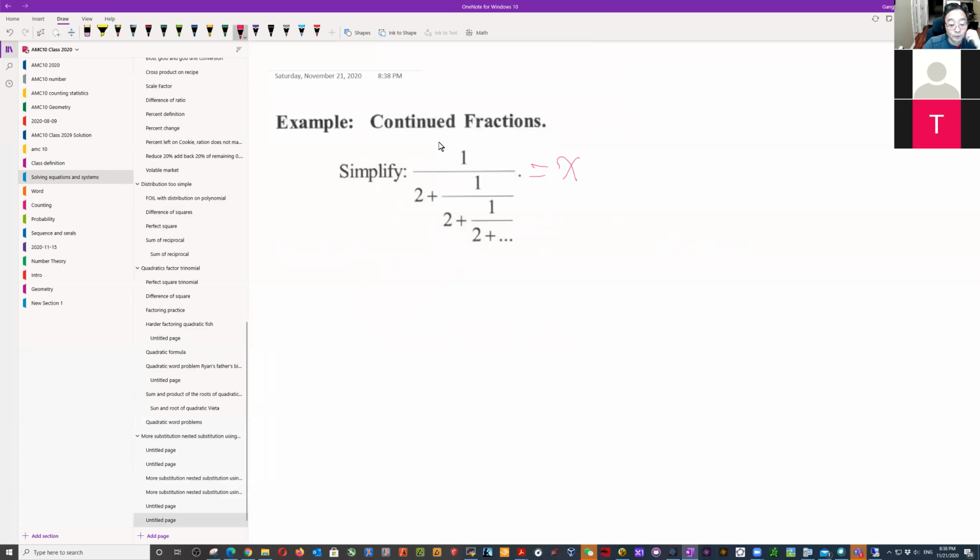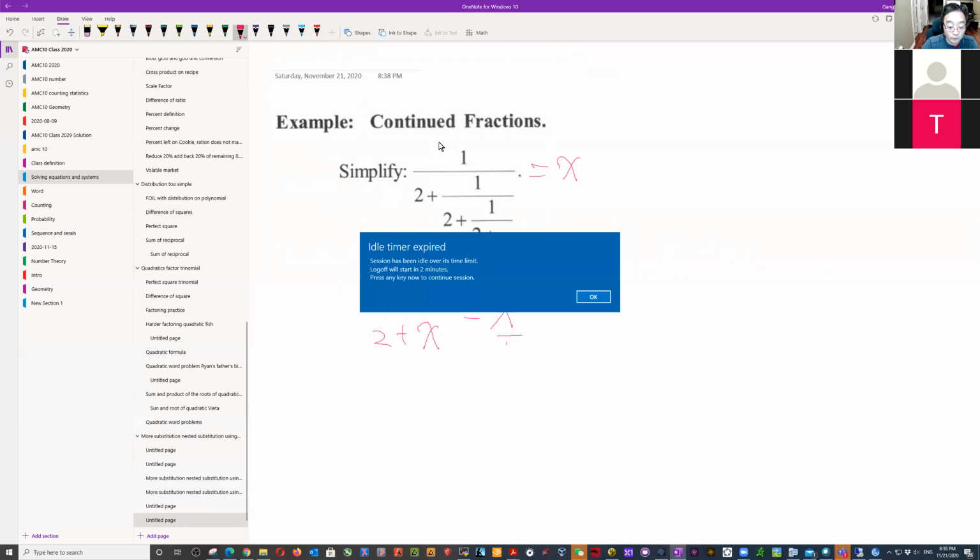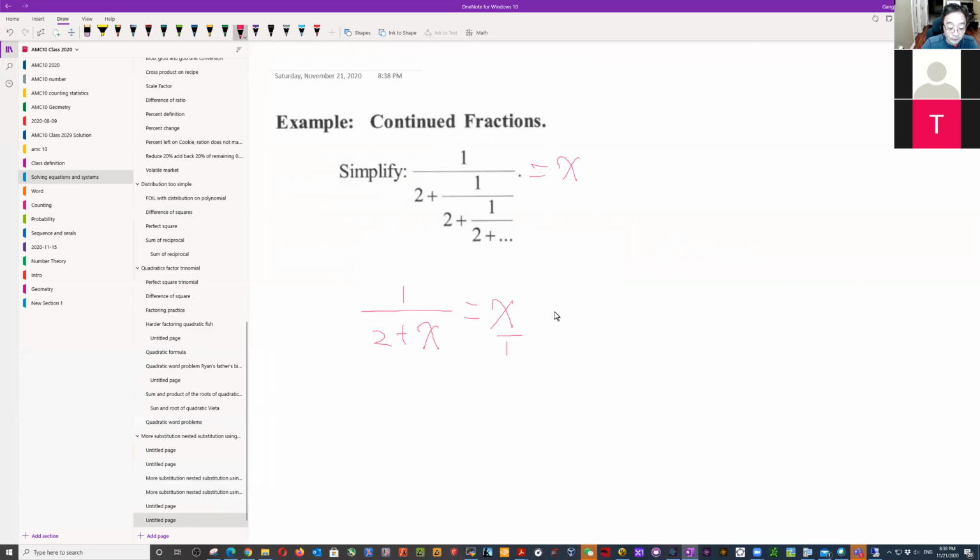So we can rewrite the whole thing as 2 plus 1 over x equals x. We can cross multiply, and we get x squared minus 2x minus 1 equals 0.